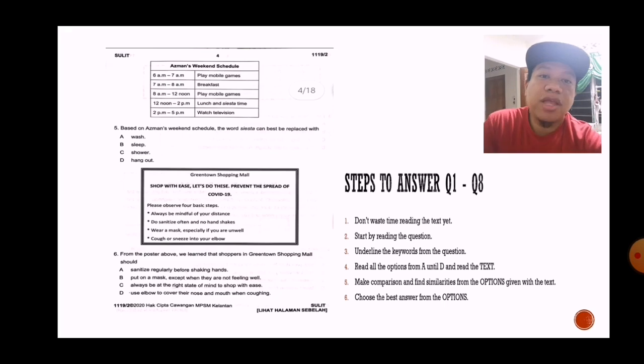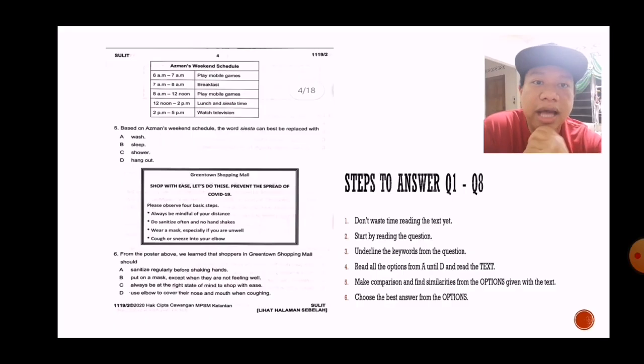Right. So let us read the text. Greentown shopping mall. Okay, shop with ease. Let's do this. Prevent the spread of COVID-19. So please observe 4 basic steps.